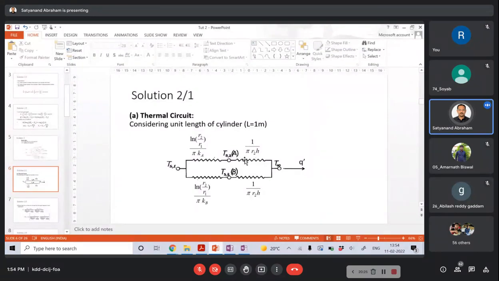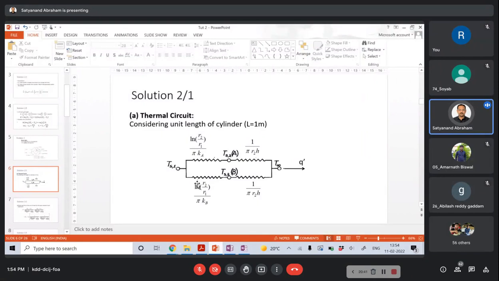After this, you are going to have the next resistance. Here also from TSB, TS2B, from here again we are going to have the second one.